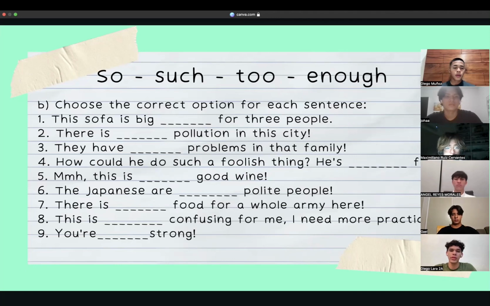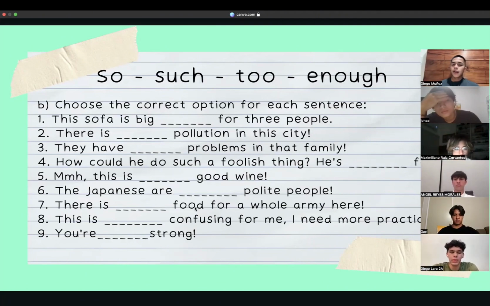Yes, correct. Okay. This is blank good wine. Someone knows the answer? Me. Okay, Max, please. This is such a good wine. Yes, correct. That's correct. Okay.